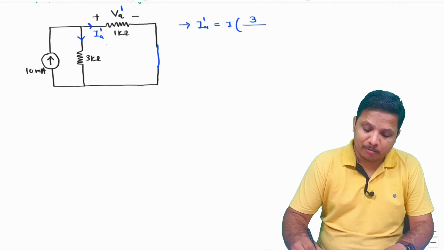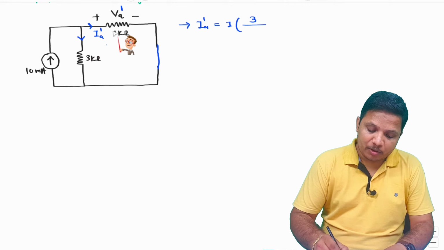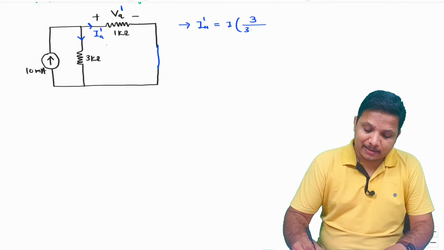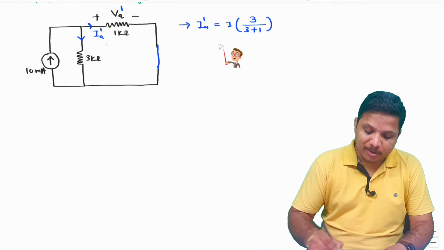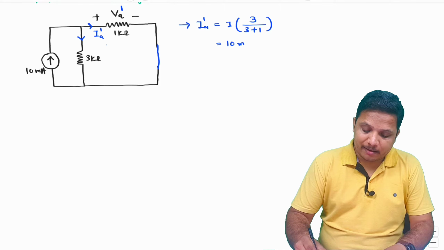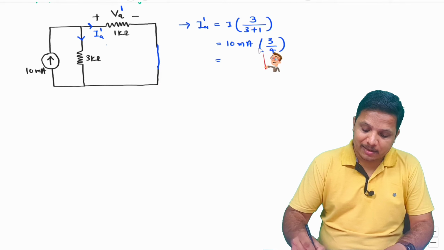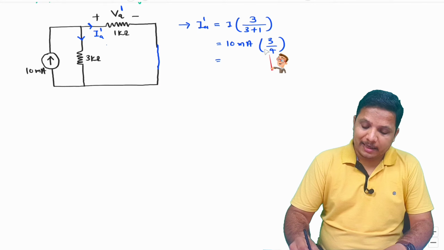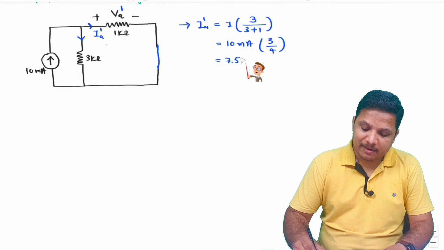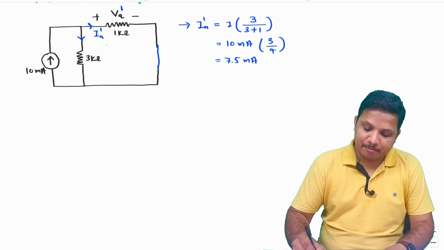So 3 kilo ohm divided by the total resistance, that is 3 plus 1, right? And the total current is how much? 10 milliampere into 3 by 4. So IA dash is 10 into 3 by 4, which means 7.5 milliampere.